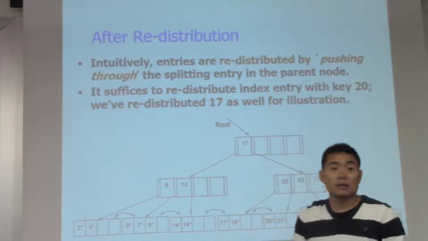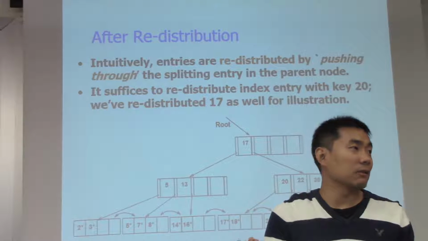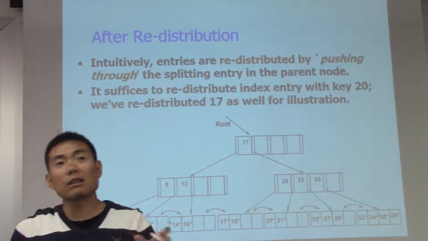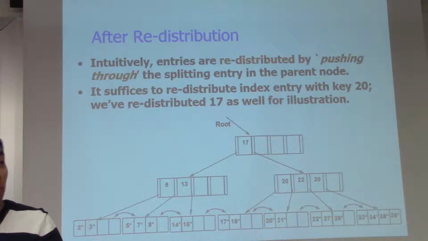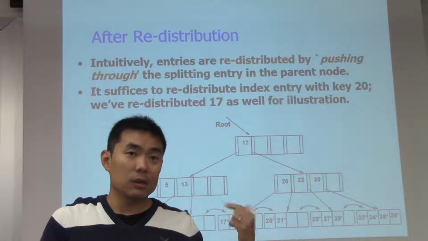Okay? That covers, I believe, all the cases. So that's the deletion of B+ trees. As you see, the deletion is slightly more complicated than the insertion. The good news is you do not have to implement deletion as it is in your project 3.